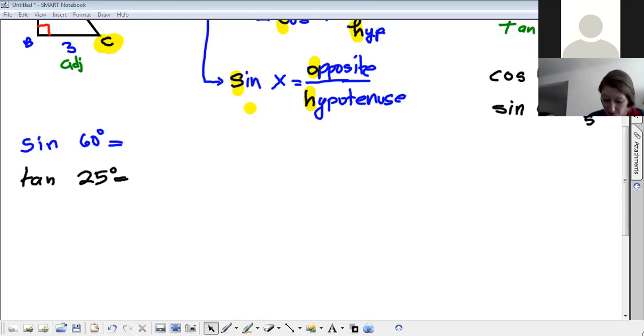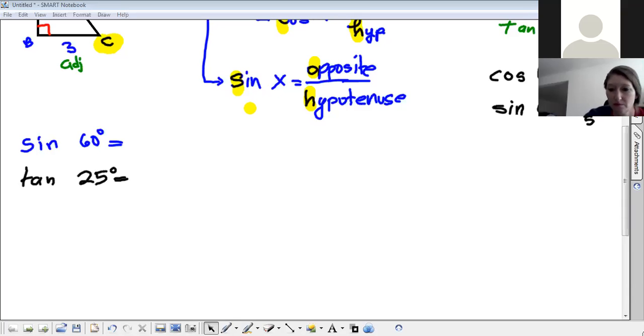Let's do cosine. What is the cosine of, let's say, 72 degrees? Go ahead, cosine of 72. Once you have the answer, say it out loud or text it to me, okay?